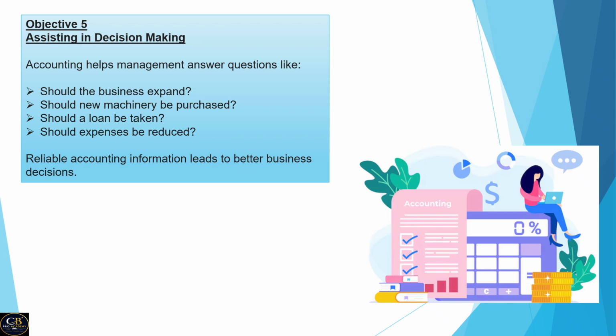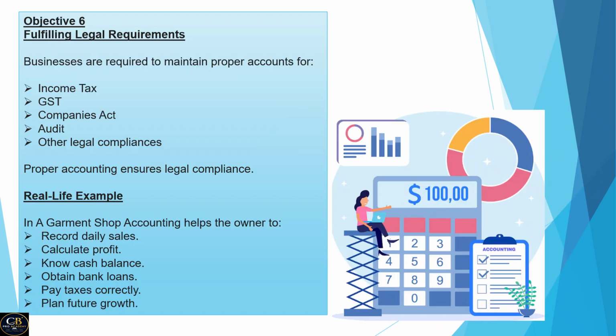Okay. Now moving to objective 6, fulfilling legal requirements. Businesses are required to maintain proper accounts for income tax, GST, Companies Act, audit, and other legal compliances. Proper accounting ensures these legal compliances, right? If these accounting details are not there, then definitely fulfilling legal requirements will be very difficult.